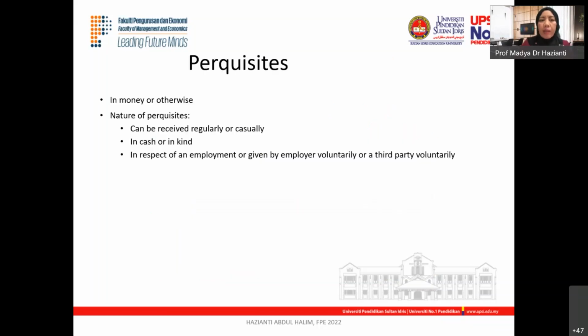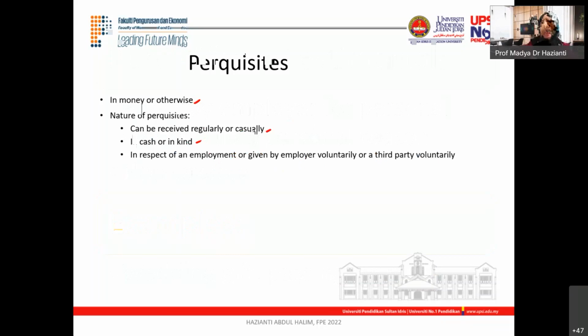Alright, perks, it can be money or otherwise. Can be received regularly or casually, in cash or in kind, in respect of an employment or given by employer voluntarily to a third party. Okay, contoh. Gifts given by employer for personal appreciation or personal reason, non-taxable.